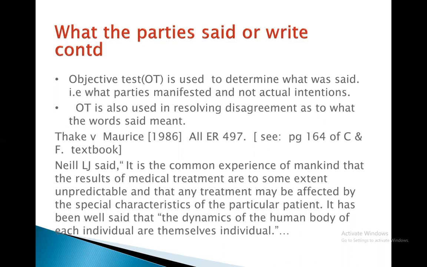In other words, we are interested in the external manifestations of what the parties said to each other at the time of making the contract, and not necessarily what one person thought he was telling the other. So that is one thing that we should keep in mind.